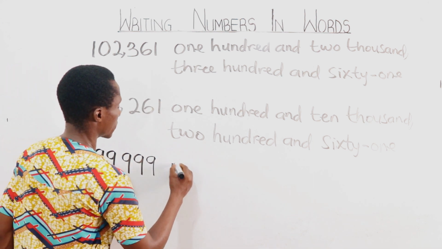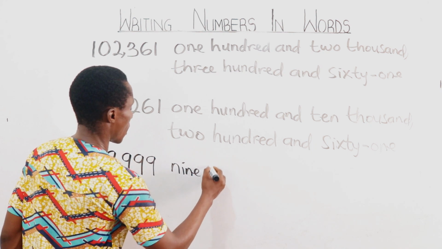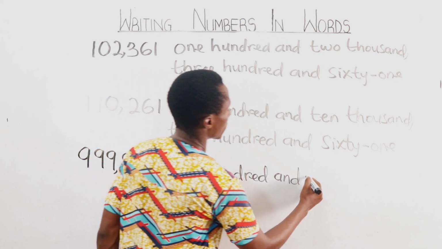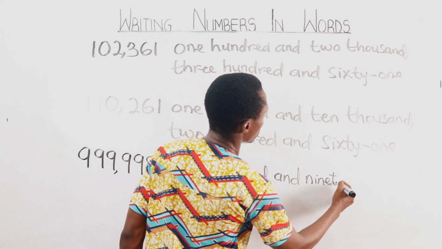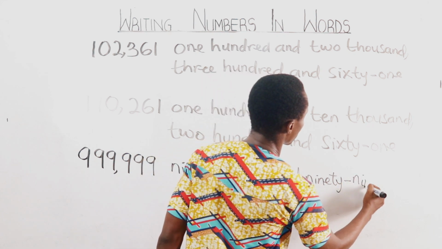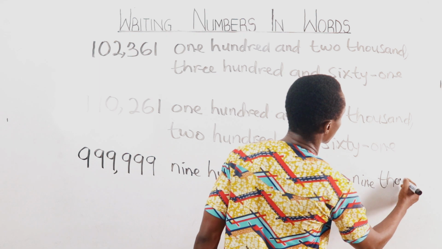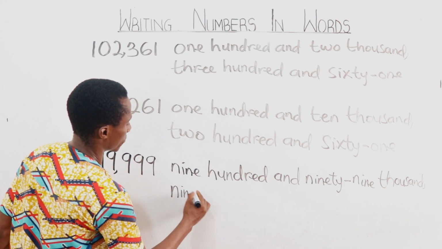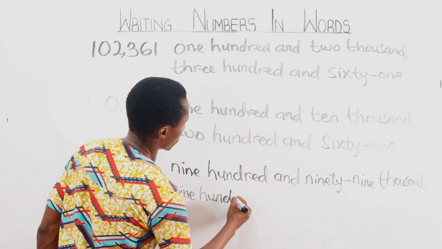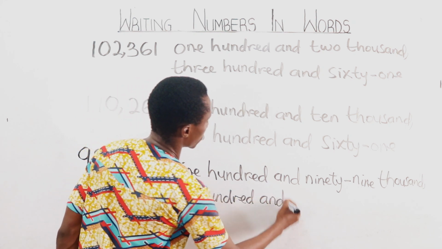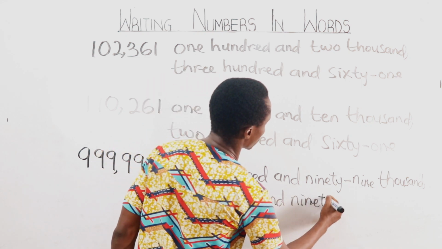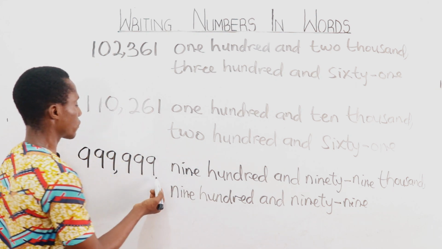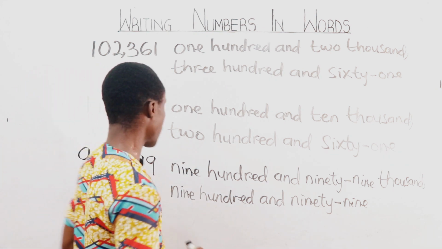Okay, and that is 999 is a compound number, so 99,000, 900 and 99, and the 99 at the very end is also a compound number.